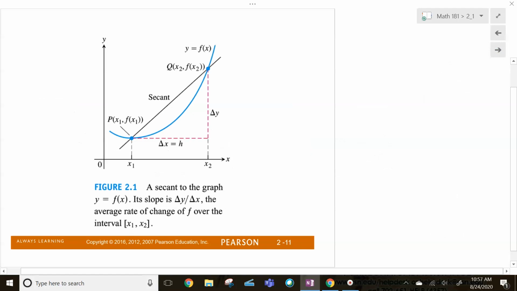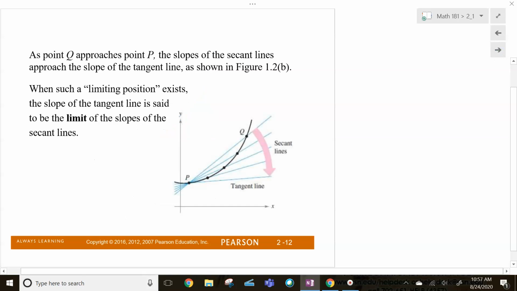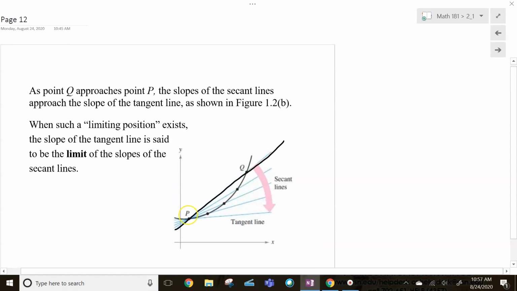So here's just another picture, x1, x2. Here's our secant line, changing y over changing t. That's just another picture of that. So let's look at this here as point Q approaches point P. As we use these secant lines to approximate the actual tangent line, we've got to bring this Q point in, in other words, the distance between here and here, our h distance we call it.